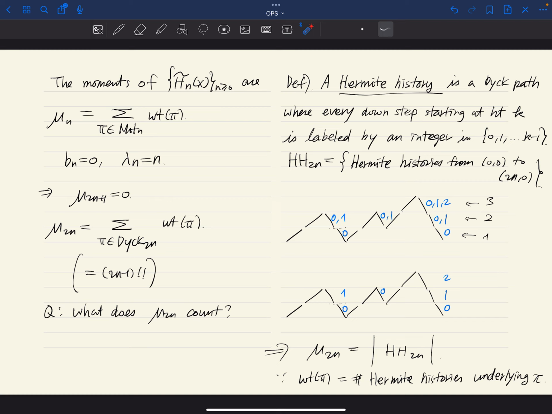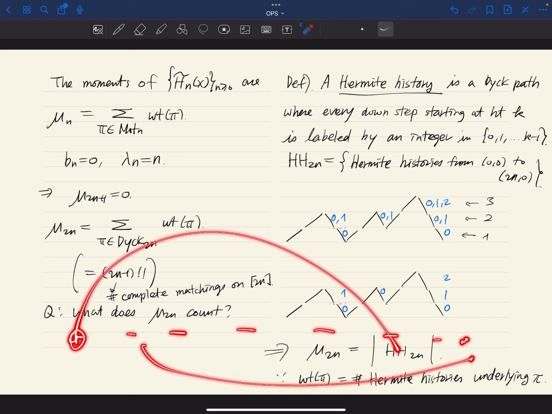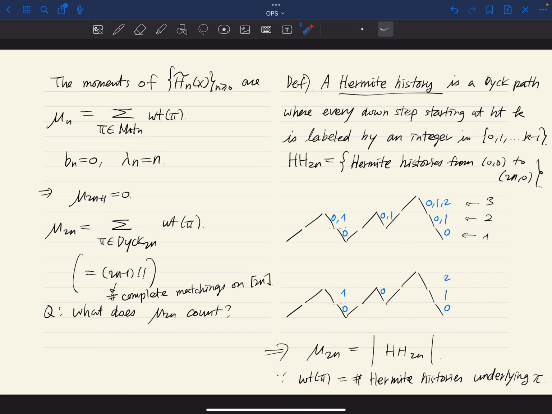This is the number of complete matchings on 2n vertices. If you have 2n vertices, then this one has to be connected to one of the others, which is 2n minus 1 ways, and then for the remaining ones you have to connect in 2n minus 3 ways, etc. So we proved this before.